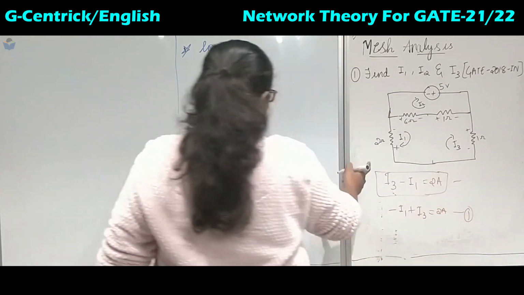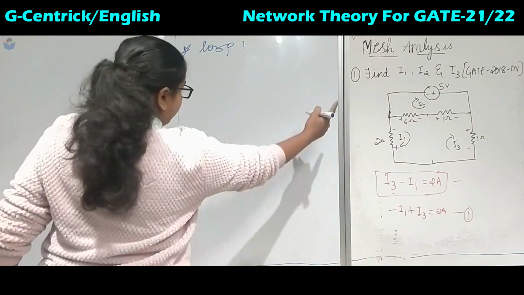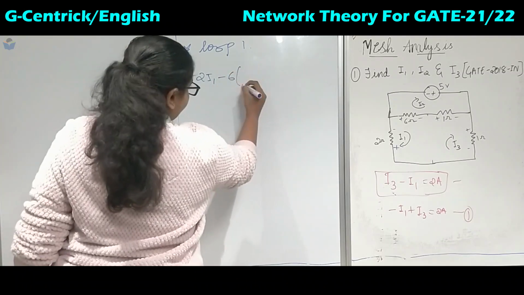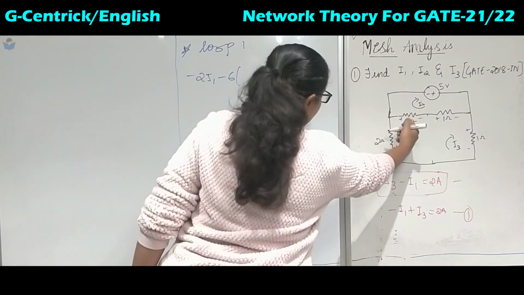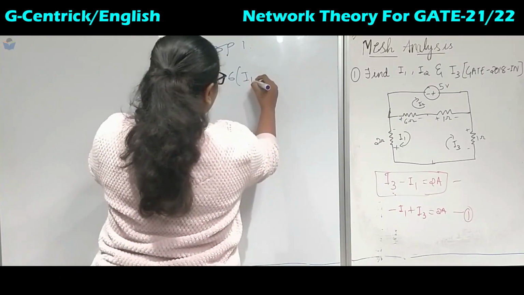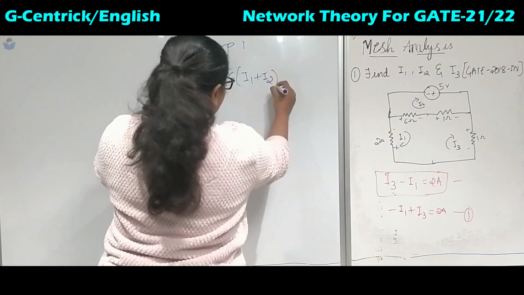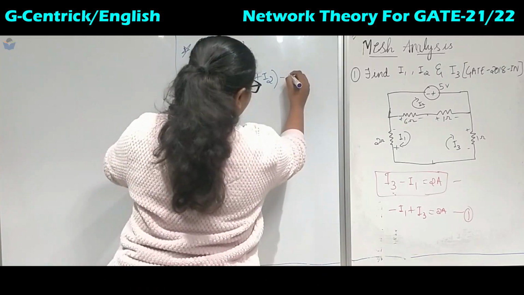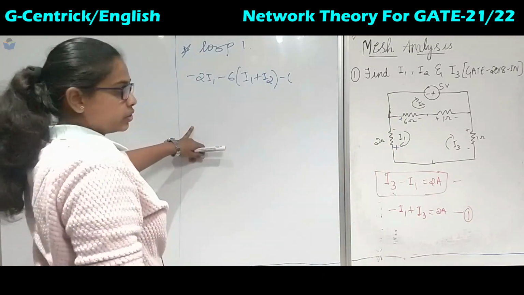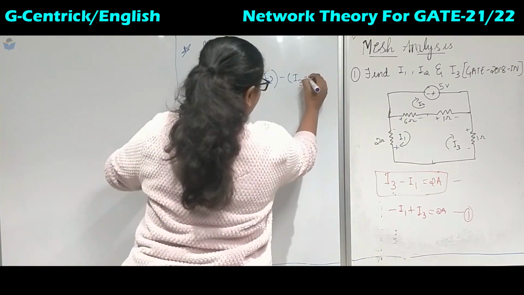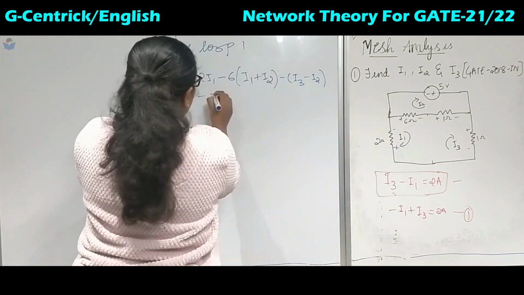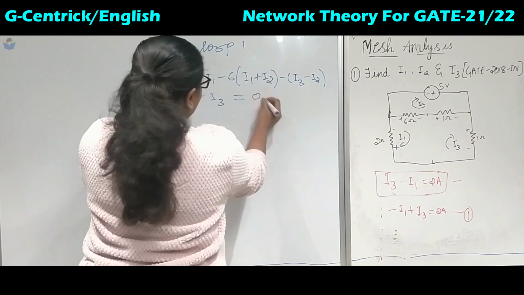Now writing the equation, I will get minus 2I1, then minus 6 into I1 plus I2, since I1 is dominating and I1 and I2 are in the same direction. Then minus 1 into I3 minus I2, since I3 and I2 are in opposite directions, then minus I3 equal to 0.